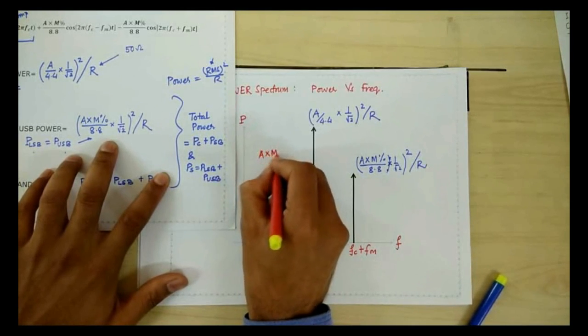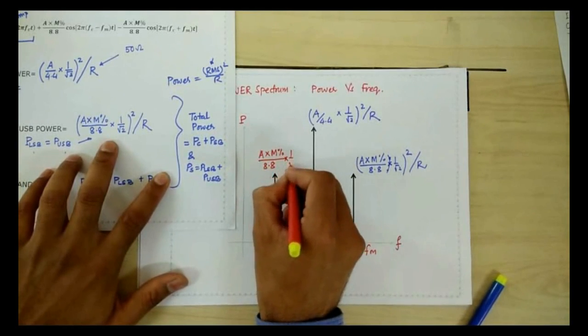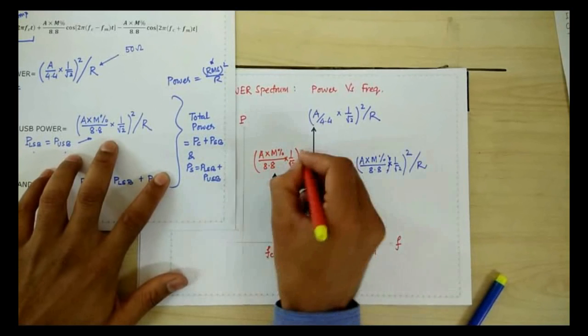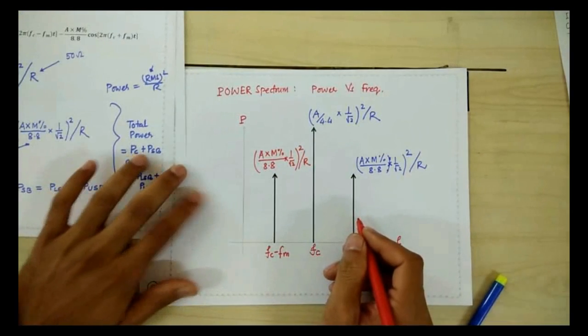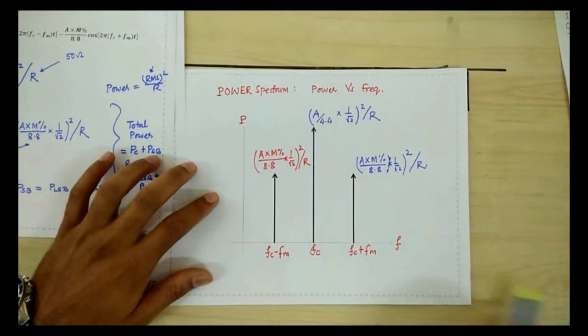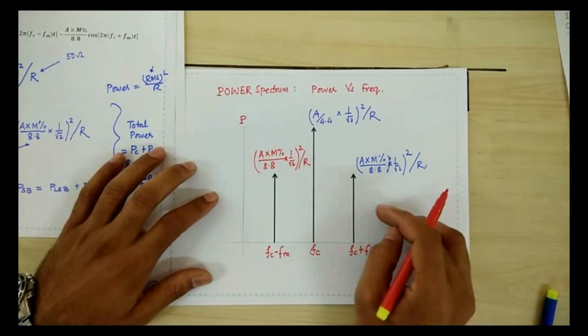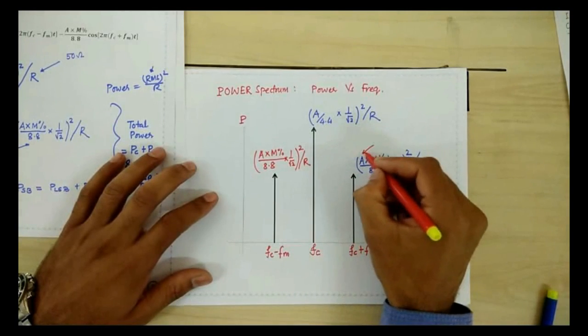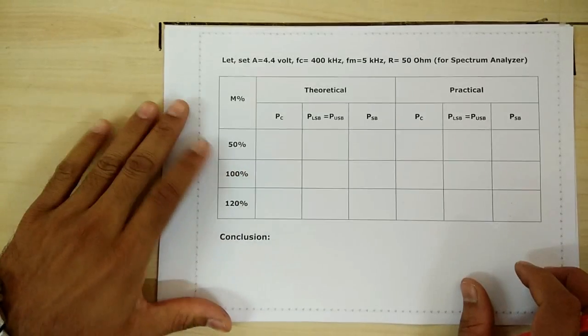This is A into m divided by 4 into 1 by root 2 square upon R. So this is the power spectrum that we should get in the spectrum analyzer when we place the values of A, m and R.